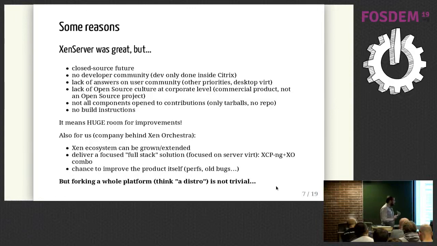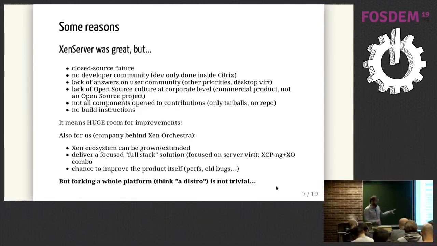Also, for us as a company working on Xen Orchestra, it's a good opportunity to grow the Xen ecosystem, by not just having one platform, but another one which is more open, and also be able to answer people's needs, not just on the management side, but also on the layer which is on the bottom of Xen Orchestra. Because now we can, having a common objective with both software to go into the right direction to improve, for example, some performances that are really important for us, and also fix all bugs, etc., etc.